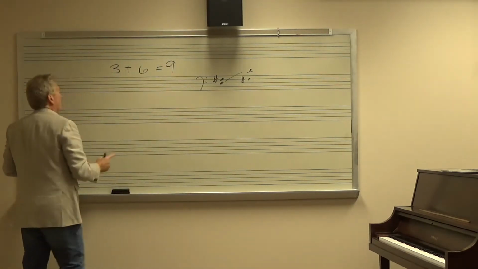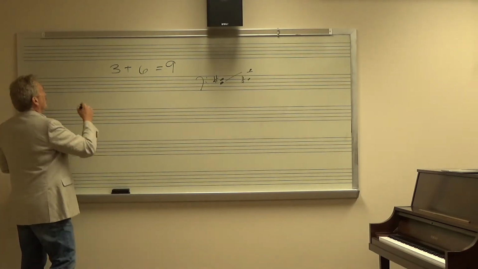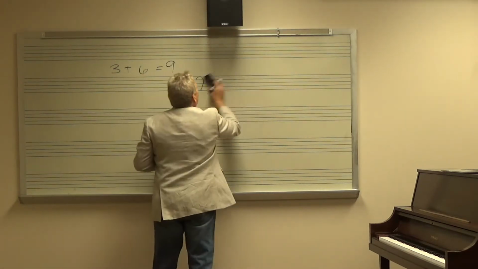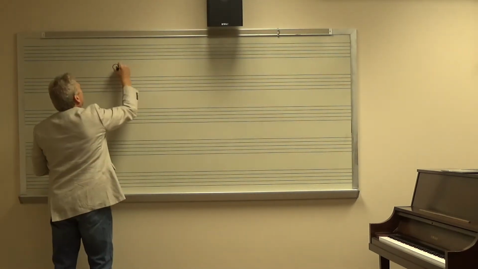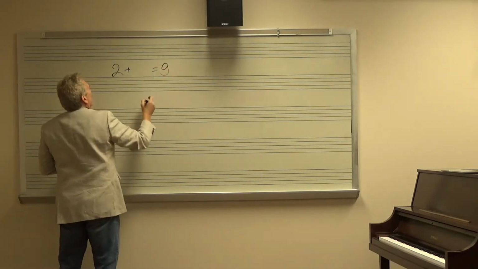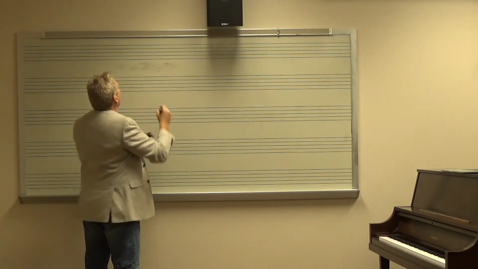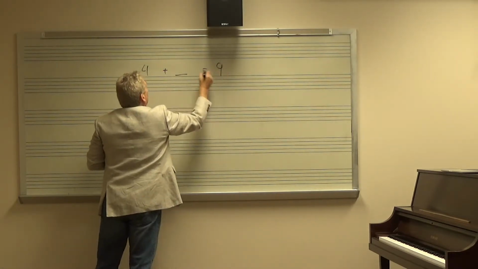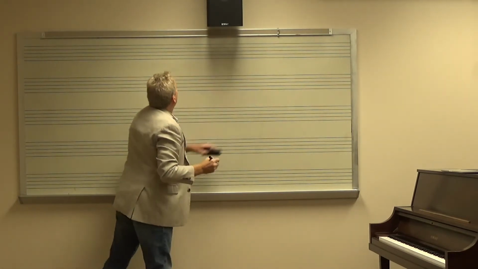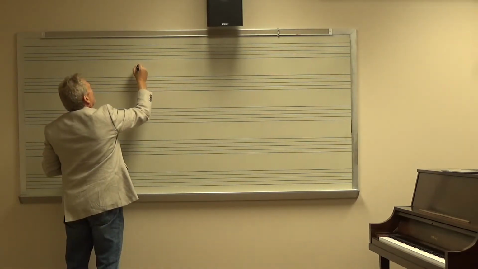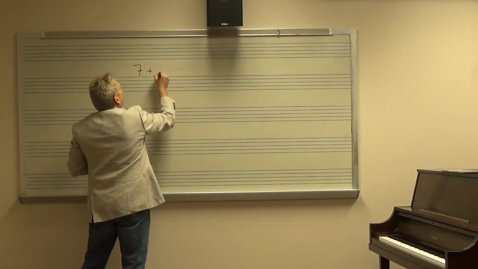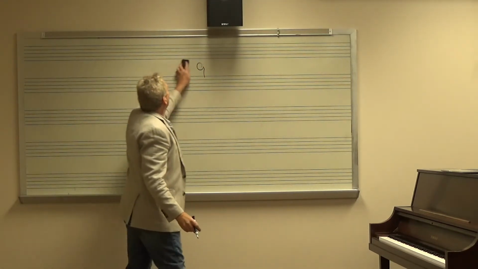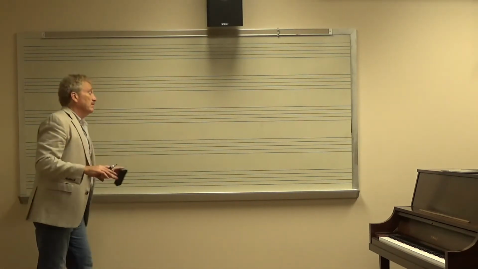So everything equals 9 with the exception of the unison. The unison you have to pretend is a 1 and an 8, or a 0. Then it makes sense. If I have a second, it'll be a seventh. If I have a fourth, it'll be a fifth. If I have a seventh, it'll be a second. So that's my formula: everything equals 9 except for the octave and unison.